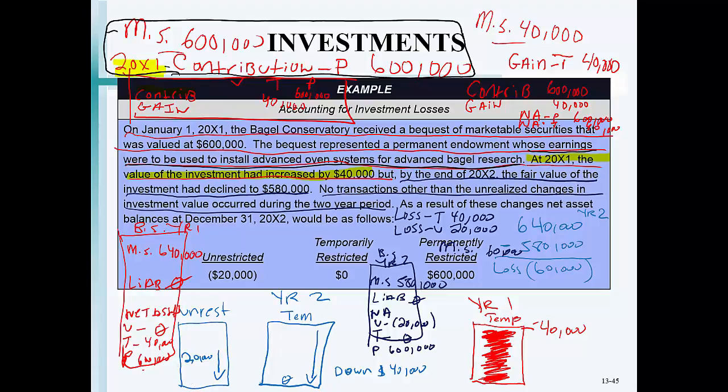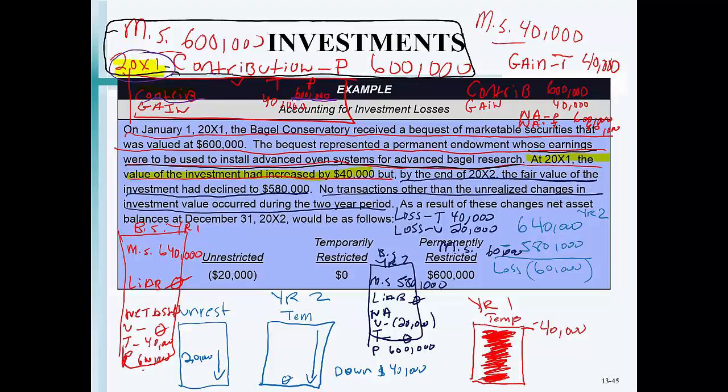We sit here, and 20x1 contribution comes in, and the contribution is what? 600,000 permanently restricted. I'm just doing the statement of activities for 20x1, right? Okay. If I look at the balance sheet, I'll get to the balance sheet in a second. Don't go to the balance sheet yet. But right here is what? 20x1 statement of activities.